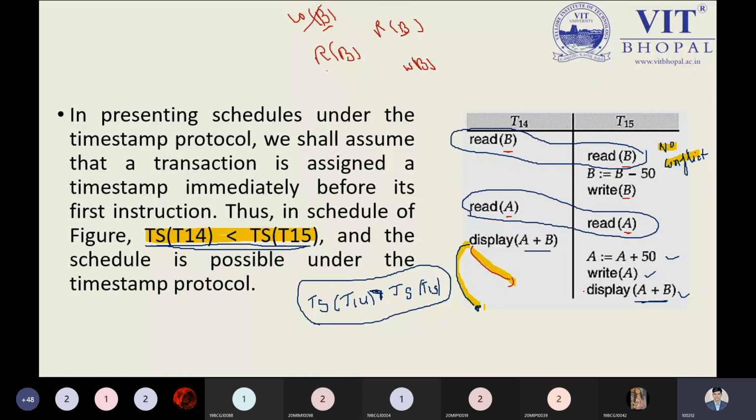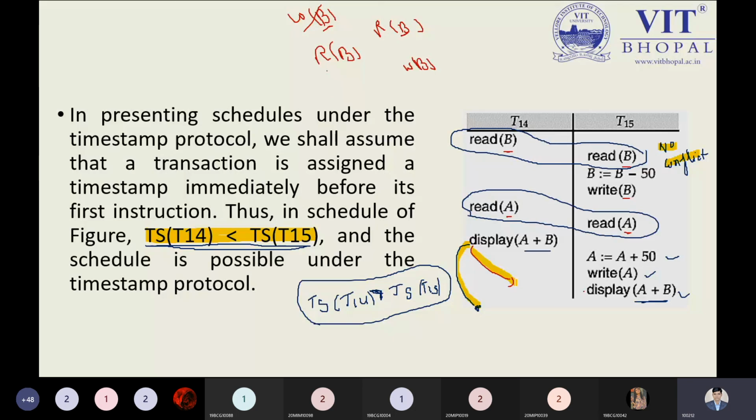But I can't take display A plus B at the bottom side, or before finishing any operation of T15. Why? Because the timestamp of T14 was lesser than T15. So that's why I have to finish all the instructions of T14 before the instructions of T15. That is the point.